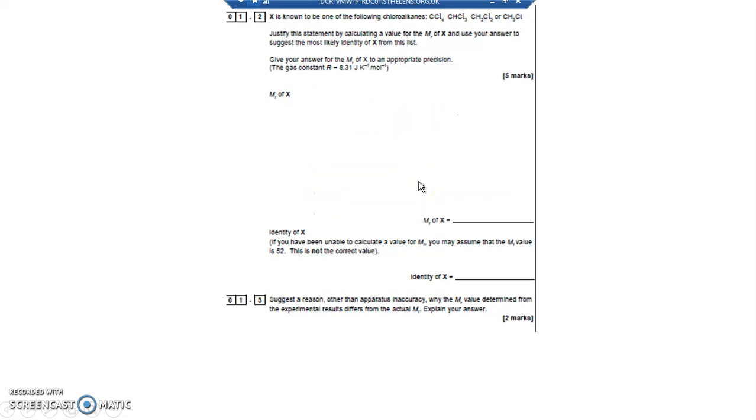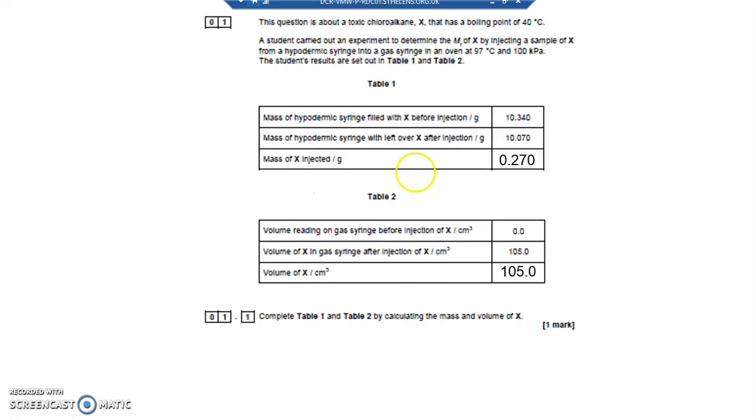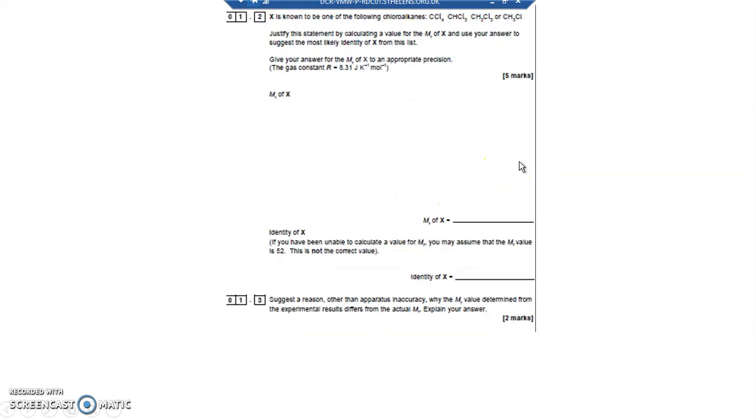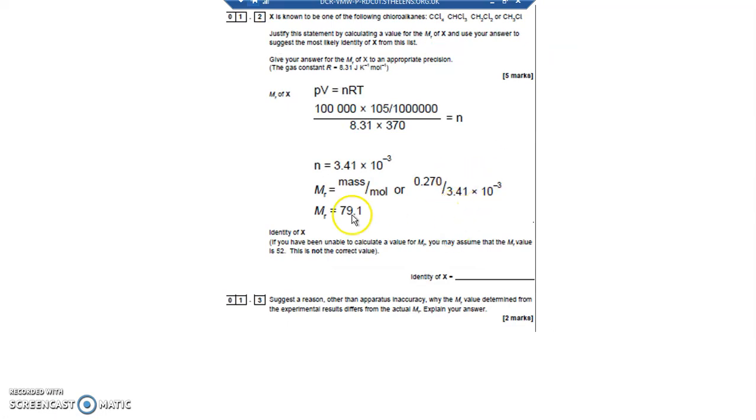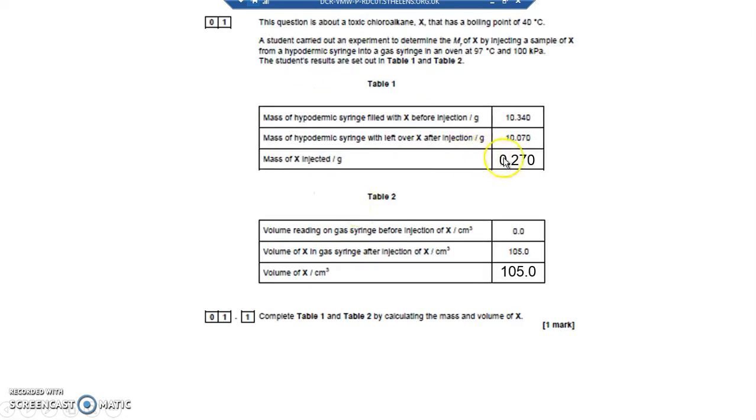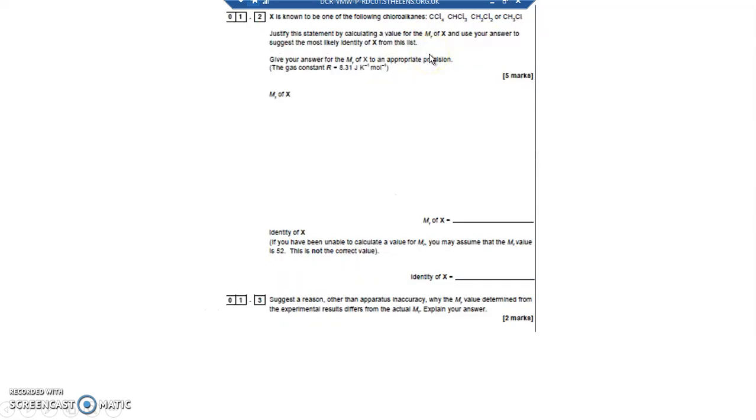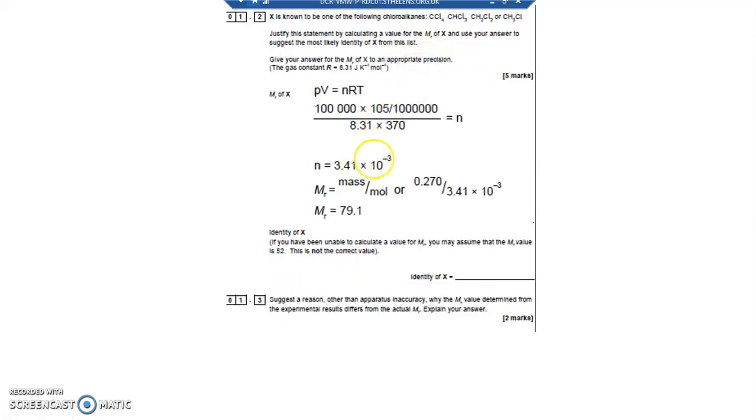The mass is 0.270 grams. 0.270 divided by 3.41 times 10 to the minus 3 gives 79.1. I'm looking at the gas constant here, 3 significant figures, so I'll keep this to 3 significant figures. It's difficult to determine exactly how many significant figures you should use, because they're all at slightly different significant figures, but 3 seems reasonable.